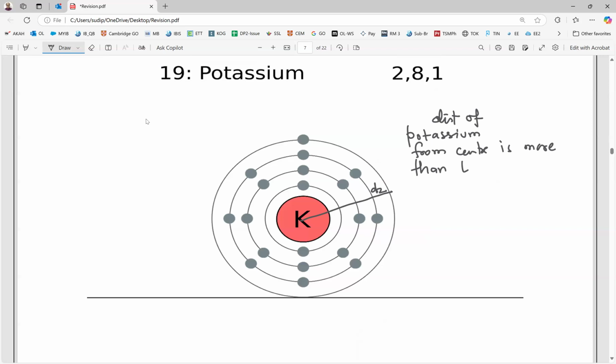We can easily see that. Now, if the distance is more, what does it mean? We have seen just now in the atomic radius that lithium is smaller and potassium is bigger.